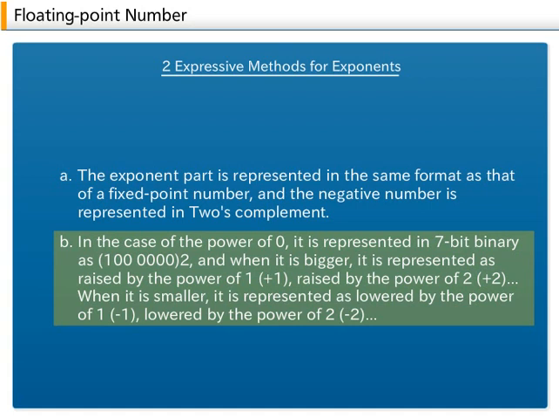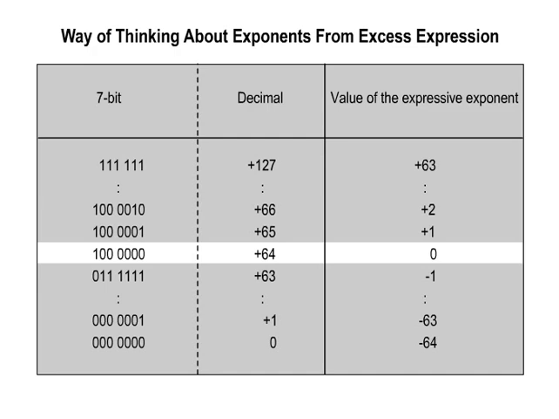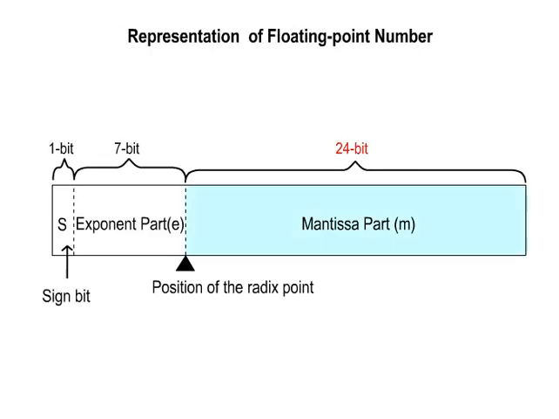When it is smaller, it is represented as lowered by the power of -1, lowered by the power of -2 and so on. It is also called excess notation. 3. The mantissa part represents the normalized fraction part in 24 bits.